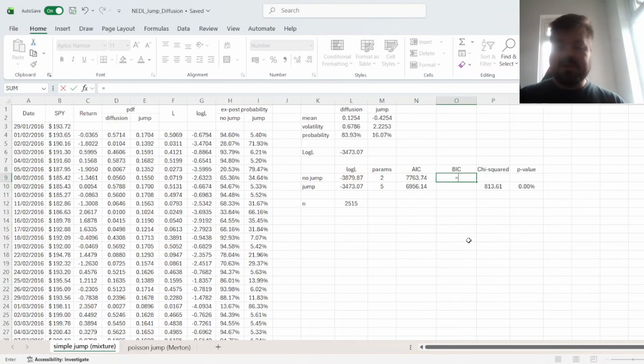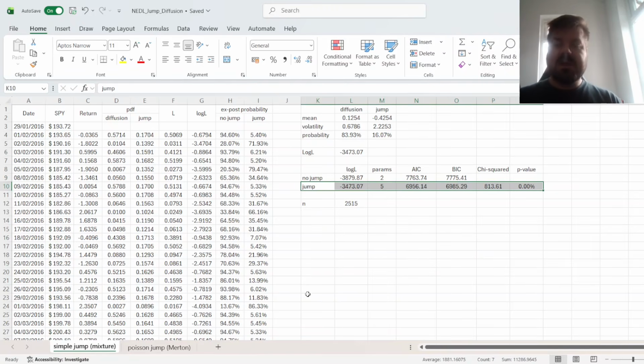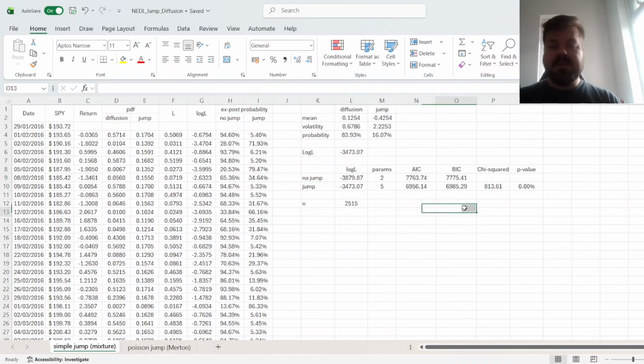And for the Schwartz or Bayesian criterion, it is the natural logarithm of the sample size times number of parameters, so a stronger penalty for the number of parameters, rewarding simpler models rather than more complex models. However, we see that both information criteria agree that the model with jumps is much better than the model without.